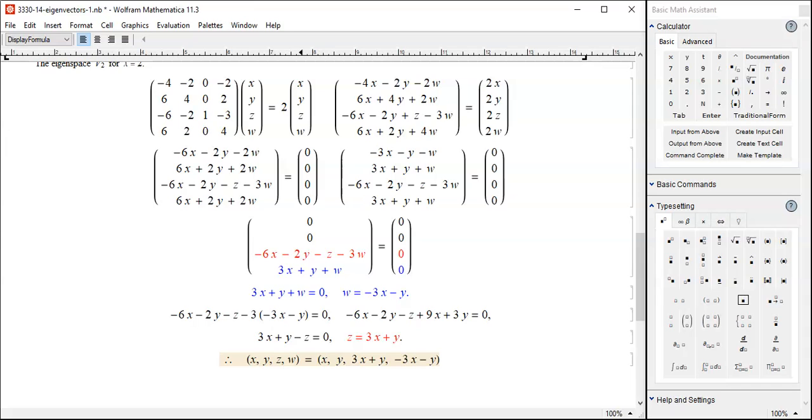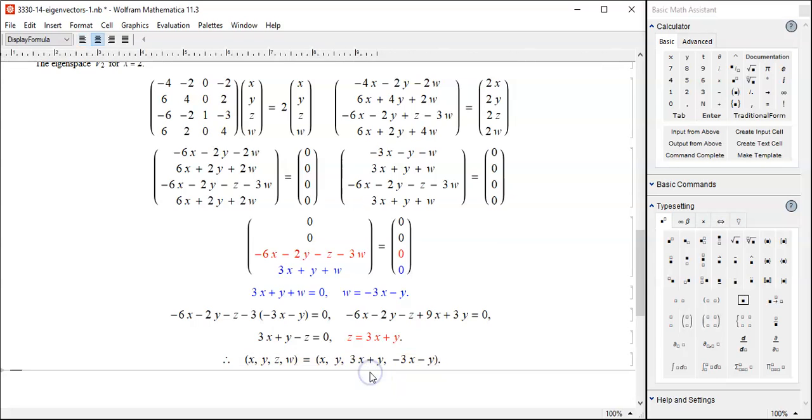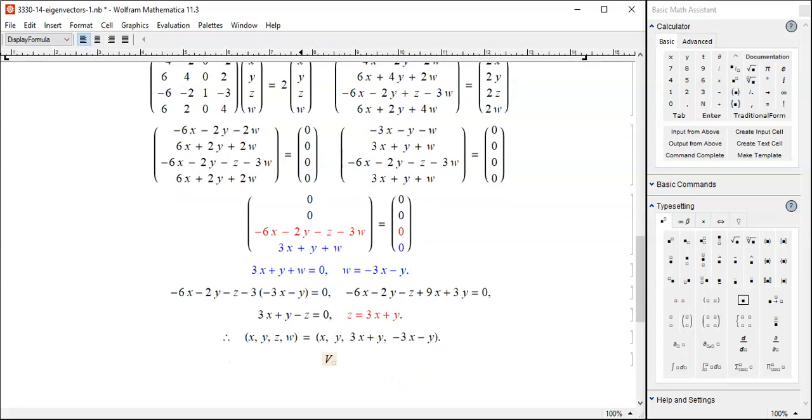And then, well, okay, because we proved that the set of all eigenvectors, including the zero vector, forms a subspace, we can declare that this defines the subspace: (x, y, 3x plus y, negative 3x minus y), where x and y are real numbers.